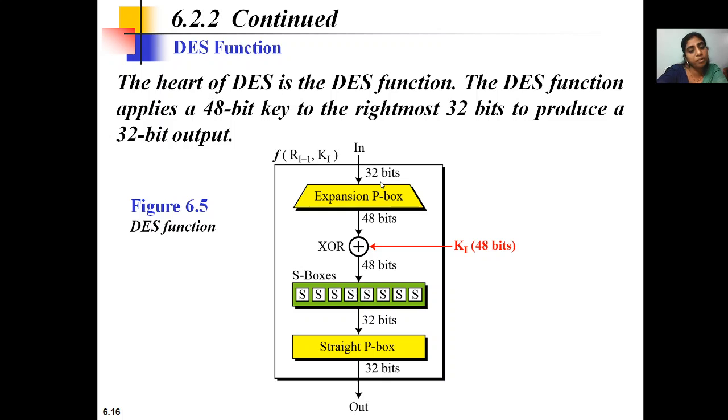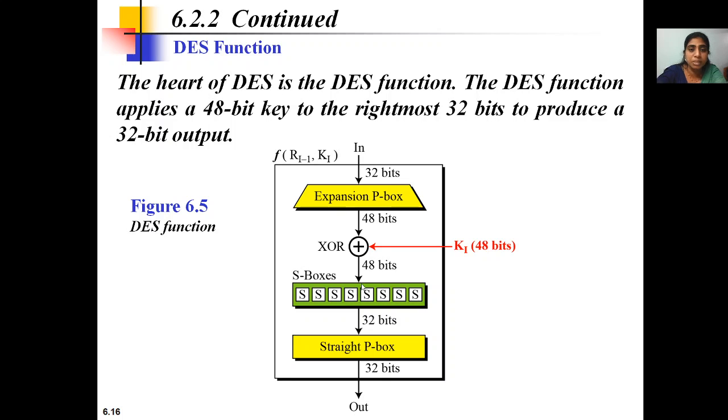We take the rightmost 32 bits and put that data into the expansion P box, where the 32 bits are transposed to 48 bits. Then we XOR with the key bits, 48 bits with 48 bits of key, and we get output as 48 bits.